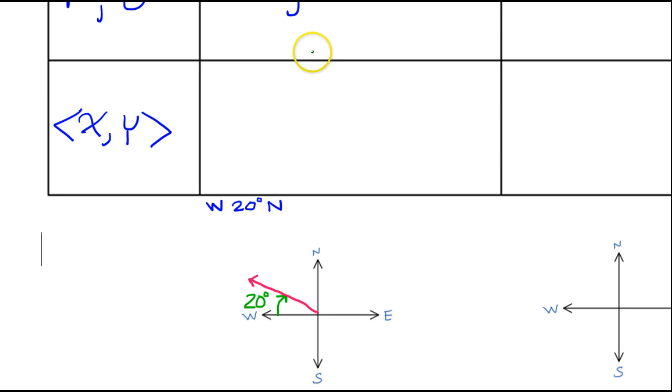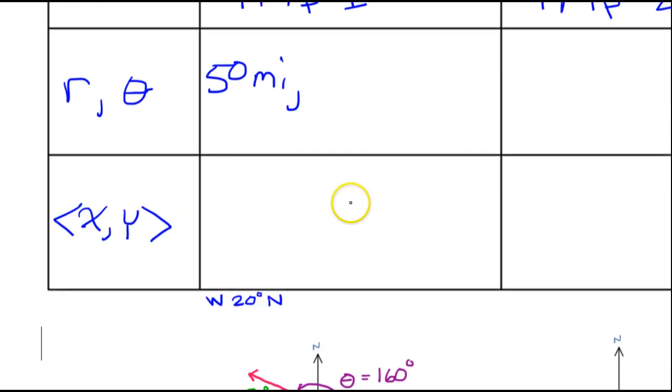Now, for the purposes of this chart, we need the angle that is measured from the positive x-axis counterclockwise. So we need this angle right here instead. We call it angle theta. This angle should be 180 degrees minus 20, so this angle should be 160 degrees. So that's the angle that goes on the chart.